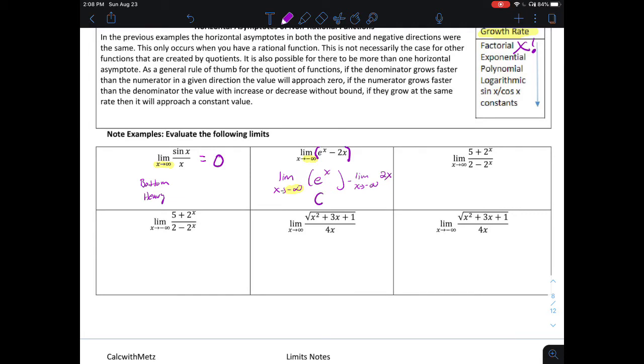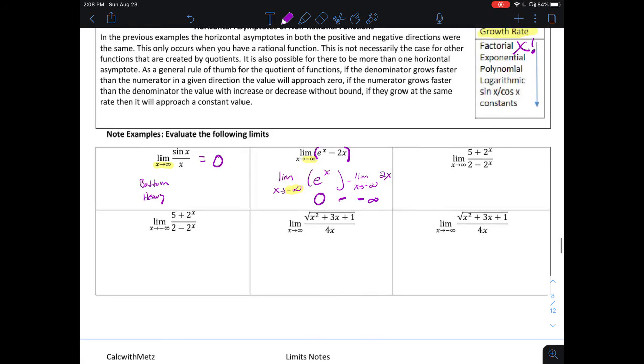So that's going to be approaching a value of 0 minus, now if I'm heading in the negative direction for x and timesing it by 2, I'm getting a value that's decreasing without bound. So I'd have 0 minus negative infinity, which would make positive infinity.